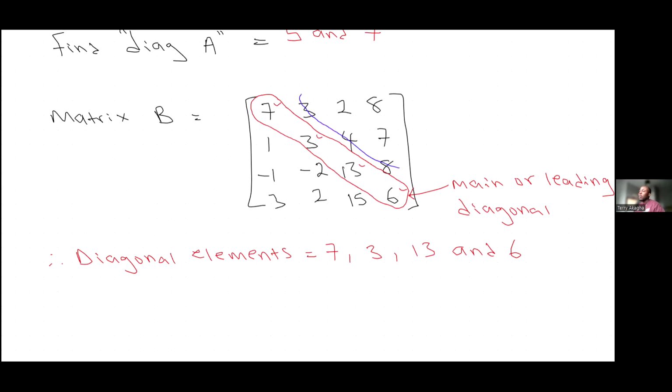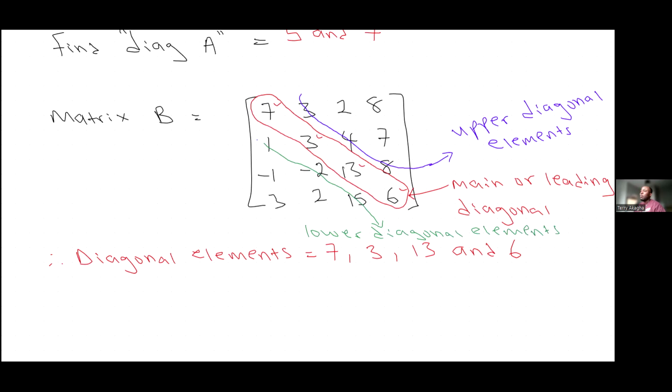So these numbers here are what we call the upper diagonal elements, and these numbers here are what we call the lower diagonal elements.